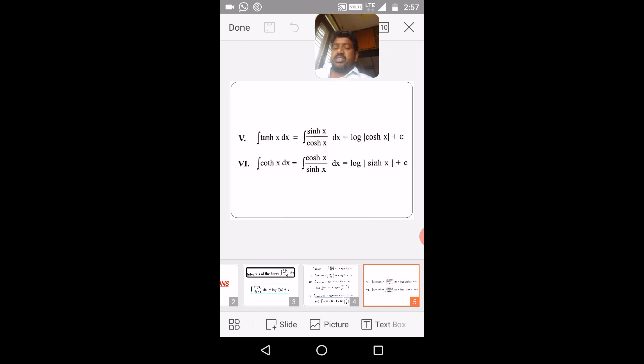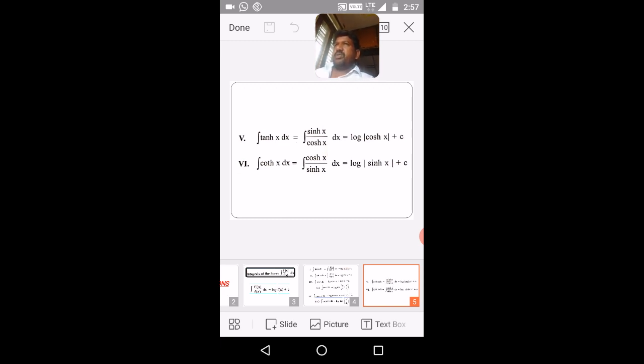And the integral of coth x dx is the integral of cosh x by sinh x, and you know the derivative of sinh x is directly cosh x. So finally it is in the form of the integral of f dash x by f of x dx, so it is log f of x plus c, that is log sinh x plus c.